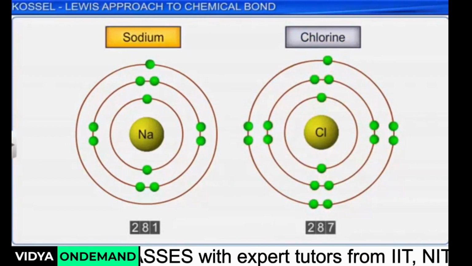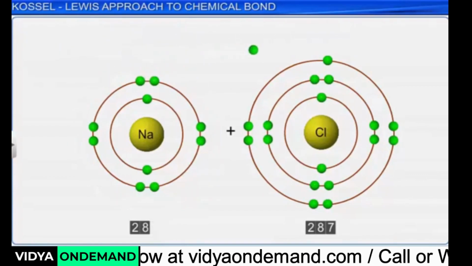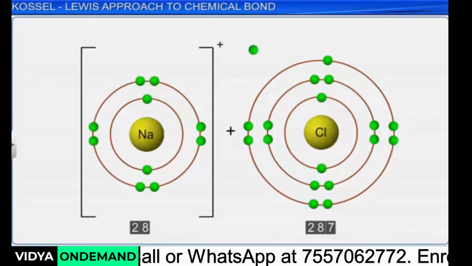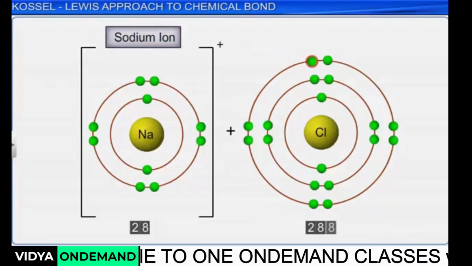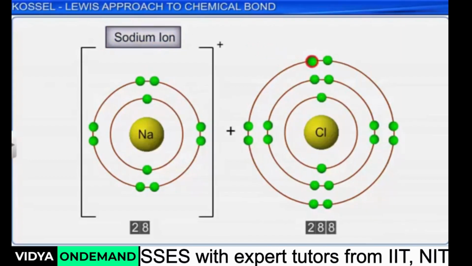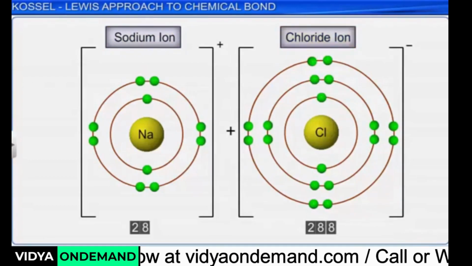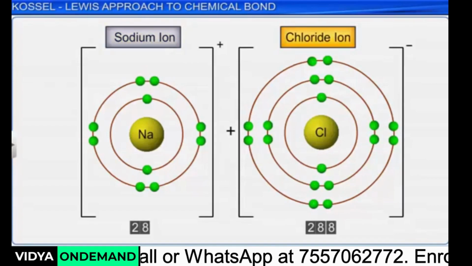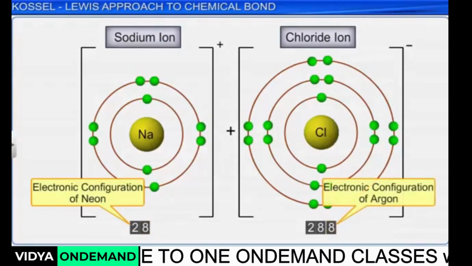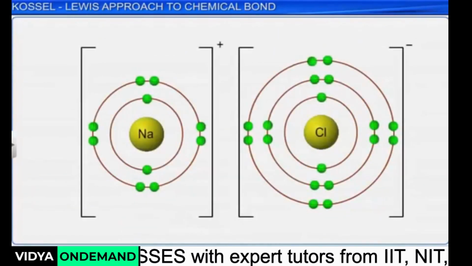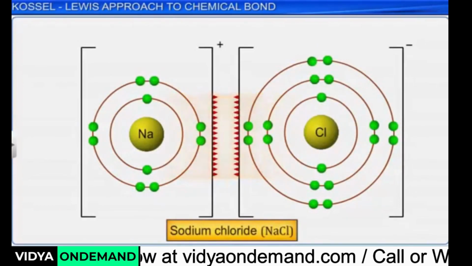When both sodium and chlorine combine together, sodium loses its one valence electron and forms a positive ion, that is, sodium ion, whereas chlorine gains the one electron lost by sodium and forms the negative ion, that is, chloride ion. The sodium ion and the chloride ion attain the octet configuration of neon and argon respectively. These two oppositely charged ions approach each other and form sodium chloride.